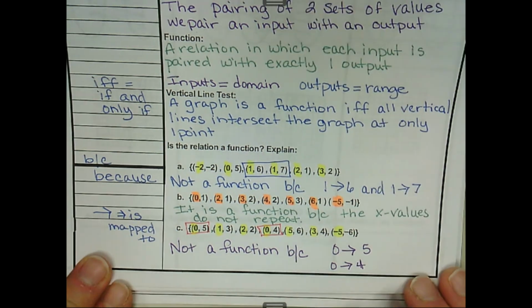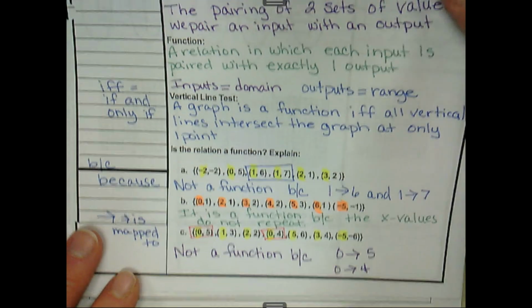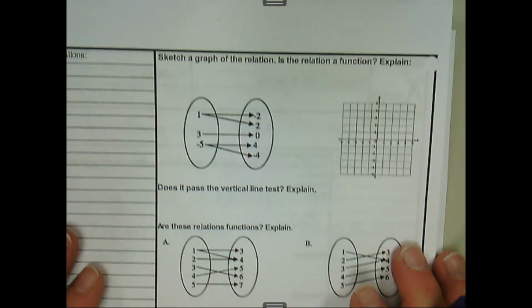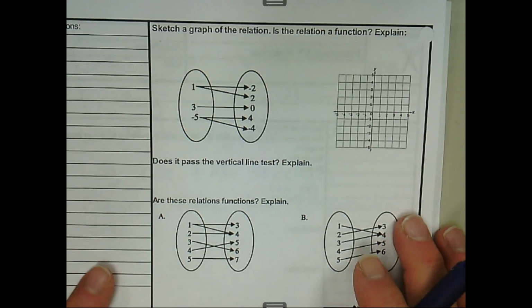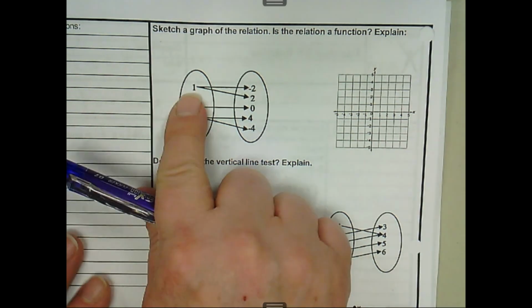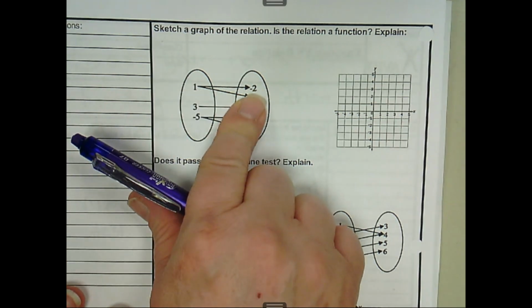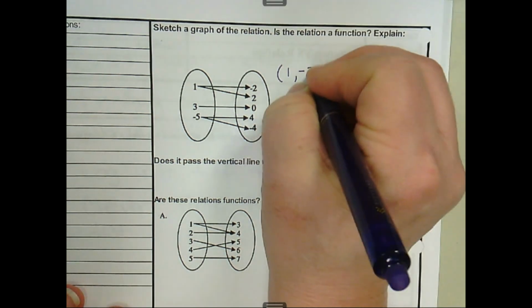So I hope when you did it on your own that you found out it was not a function and you knew why. Okay, let's look at this next mapping. We're going to sketch it and see if it is a function. So the first time we look at 1, it's paired up with negative 2. That would be the point 1, comma, negative 2.